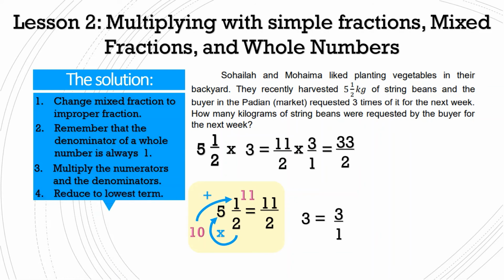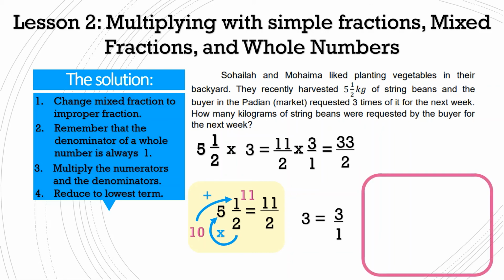Now we are going to reduce 33 halves to lowest term. How are we going to do this? Since 33 halves is an improper fraction, we are going to change it into a mixed fraction. To do that, we are going to divide 33 by 2. 3 divided by 2 is equal to 1, and 1 times 2 is equal to 2.